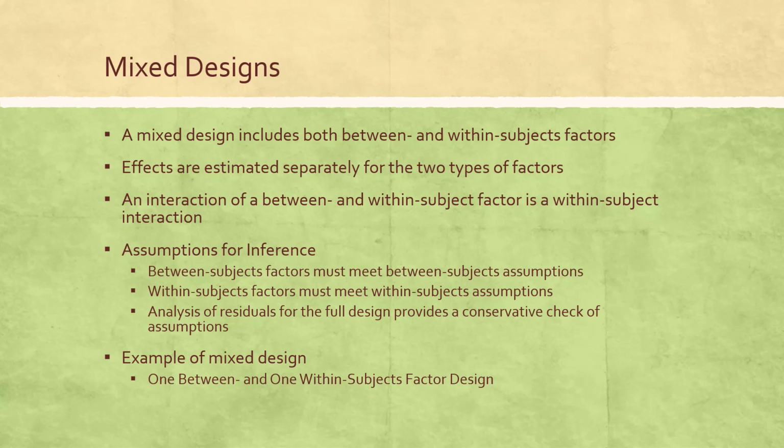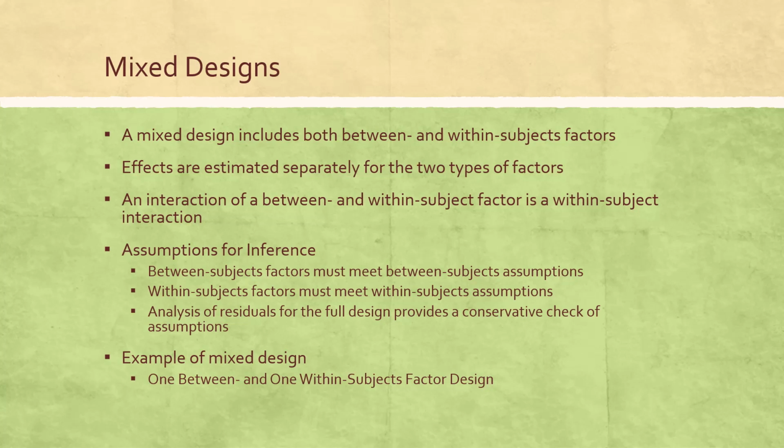The example of the mixed design that we're going to look at in this video series is one between and one within subjects factor. So you can go beyond one between to more between subjects factors, and similarly you can go beyond one within subjects factor to more within subjects factors, but we're going to start with the simplest of mixed design, one of each, one between and one within subjects factor design.